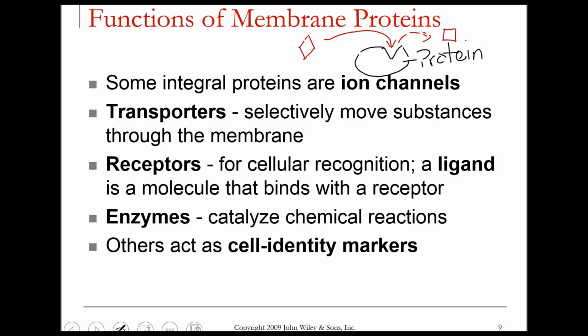Many of the membrane proteins may be cell identity markers. These are the ones that will allow the cells to identify cells belonging to you versus cells belonging to other individuals.